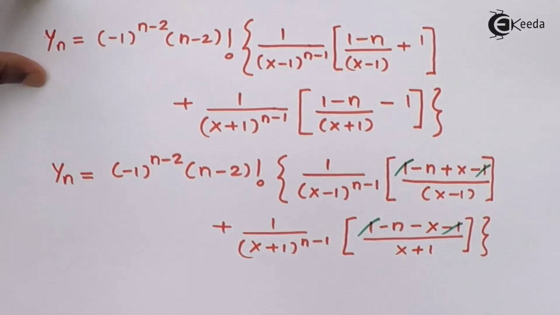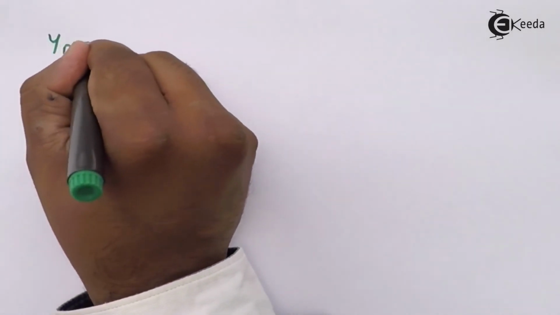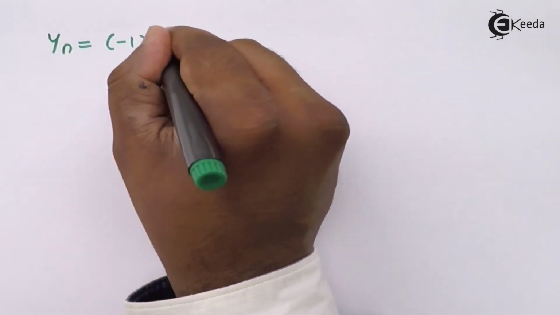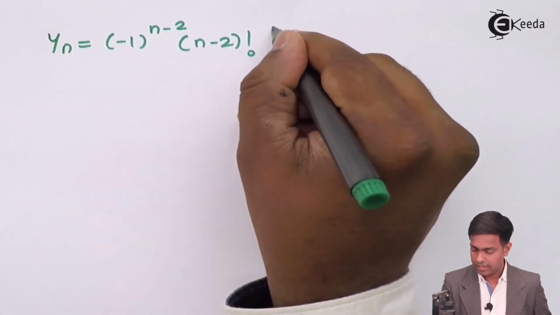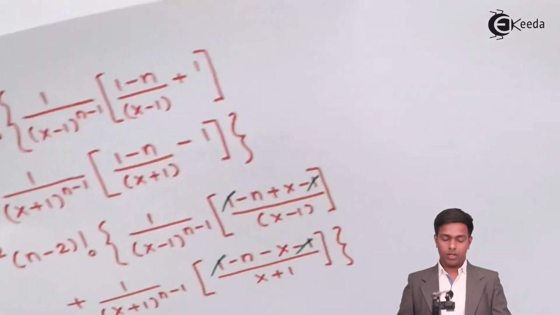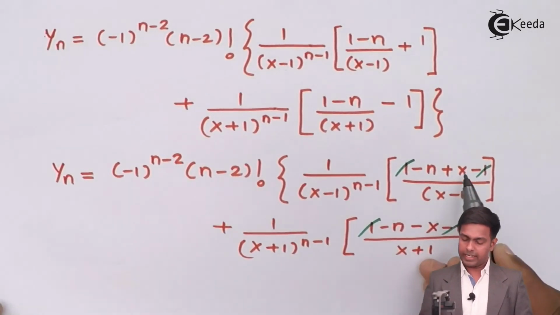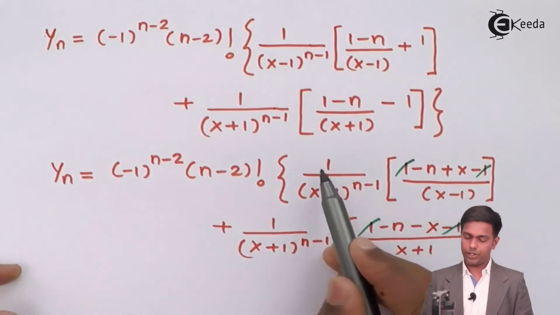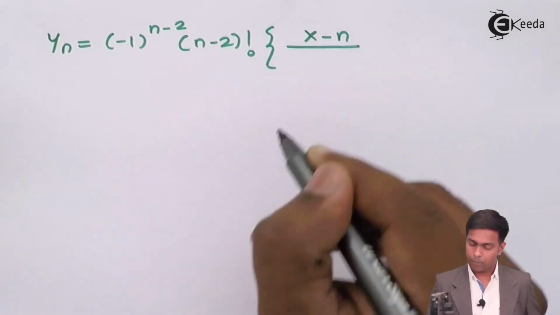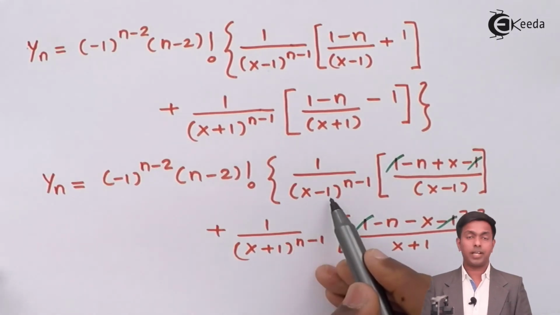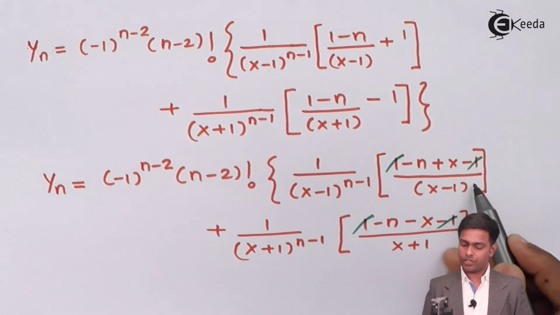Next, we'll get yn as (minus 1) raised to n minus 2 into (n minus 2) factorial. Let's see what we get in bracket. Now guys, from here we will get x minus n into 1, that is x minus n, upon, this is (x minus 1) raised to n minus 1, this is (x minus 1) raised to 1.